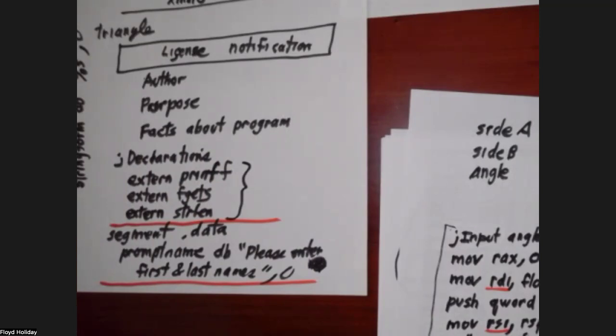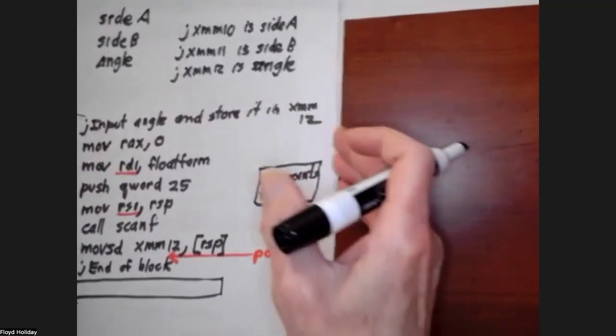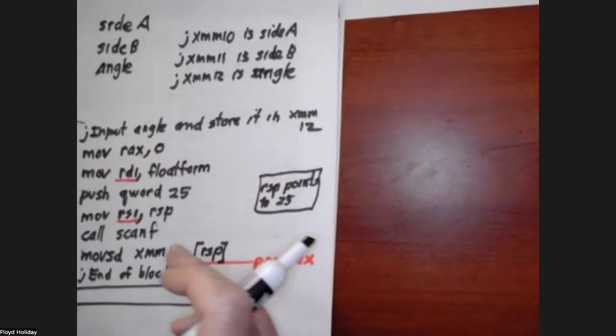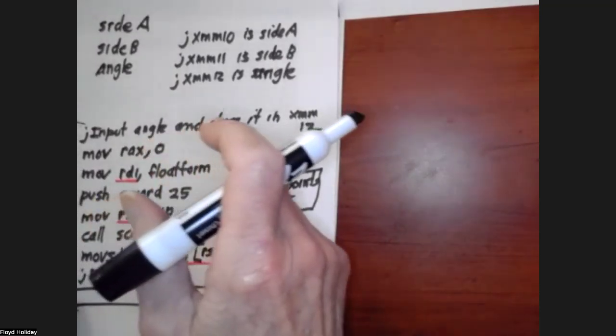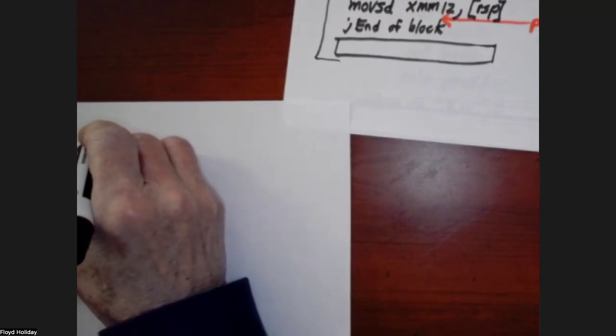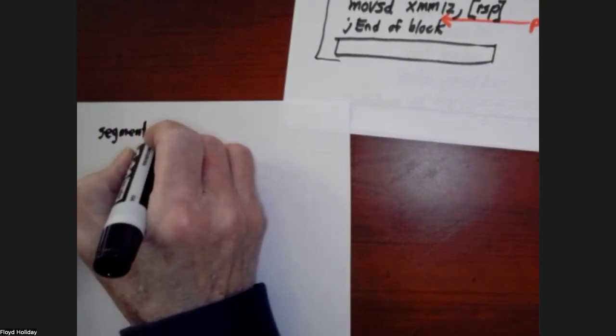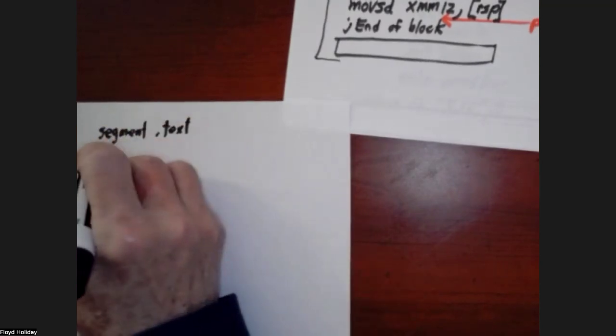So in this input angle block, where would we call that prompt for the angle? Like the prompt to input an angle, because we wrote it up earlier. Just to put it in context.